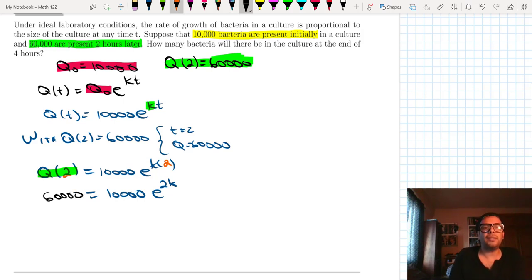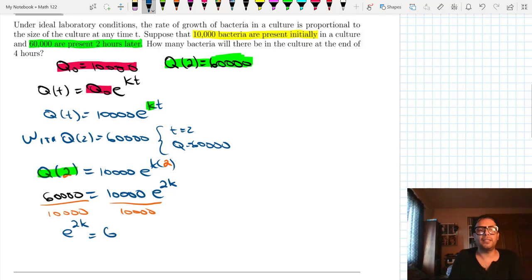Let's divide both sides by 10,000 to solve for k. So we get e to the 2k equals 6. Now, in order to get rid of that exponential, take ln on both sides.